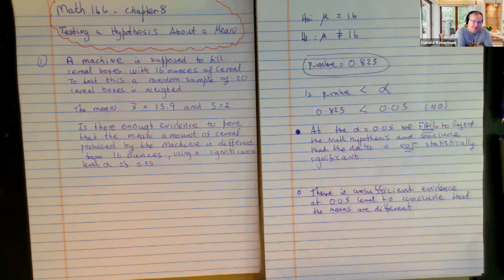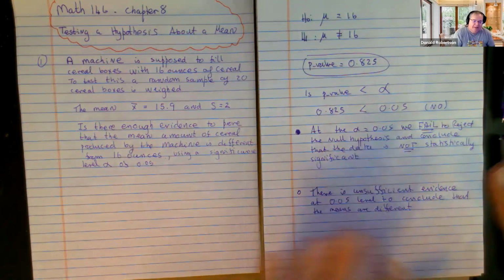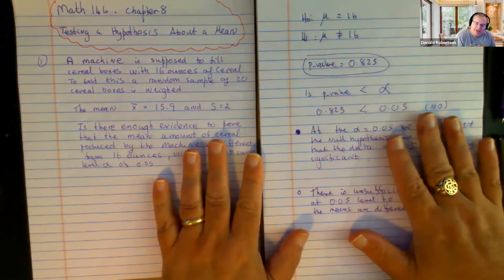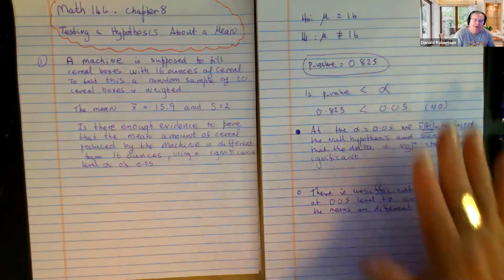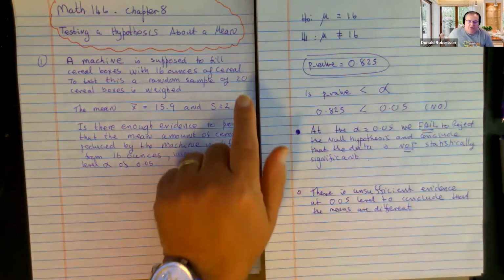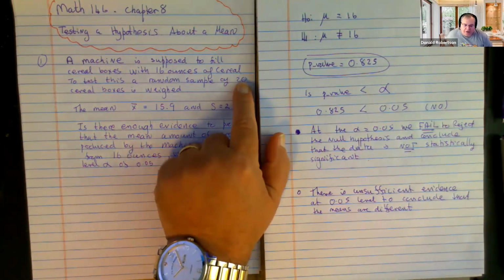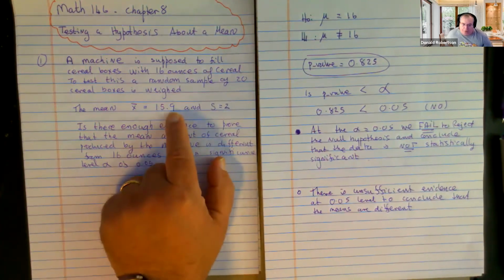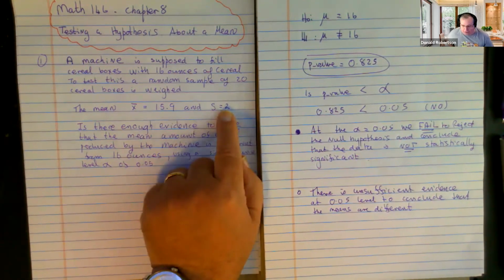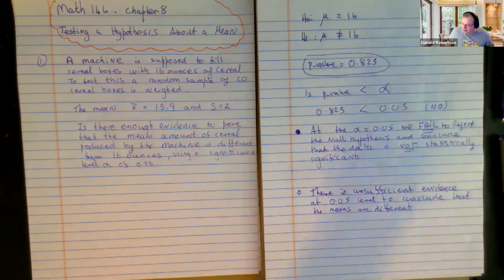Now, I want you to pretend that everything here is going to stay the same with just one change. I didn't take a sample of 20, I'm going to take a sample of 200. Now, if you take a sample of 200 and the mean is still 15.9 and the standard deviation is still 2, which I could see easily happening, right?